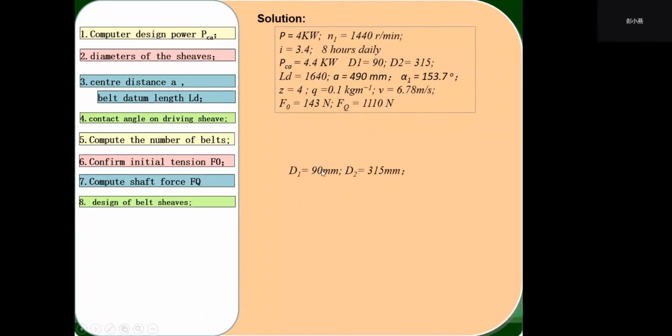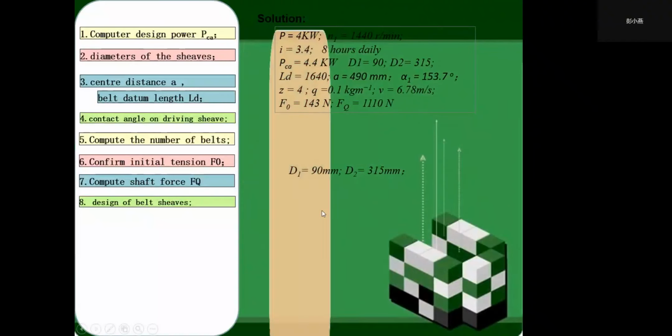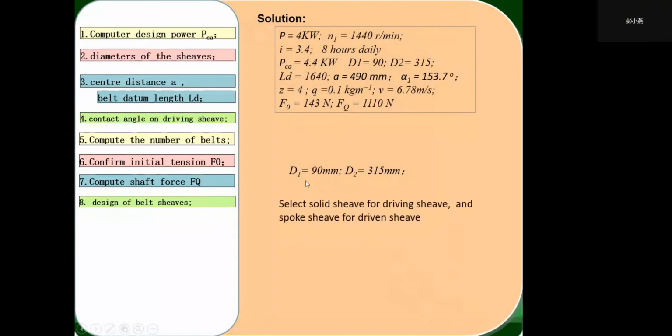D1 is 90 millimeter, D2 is 350 millimeter. So from this, we select solid sheaves for the driving sheave and spoke sheave for the driven sheave. Okay, this is the design procedure.